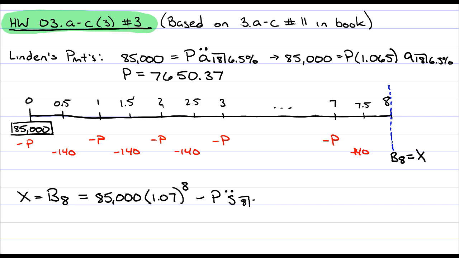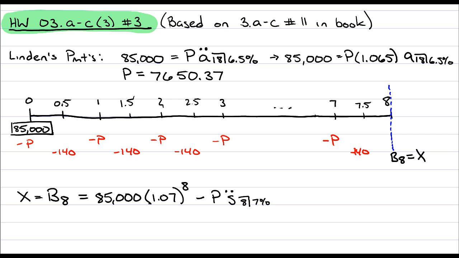And the company is earning 7%, so I need to evaluate this at 7%. That is the amount that the balance will have been reduced by making these payments out to Linden. So I can basically take the accumulated value of them at 7%, knock that off of the hypothetical accumulated value of the initial balance.